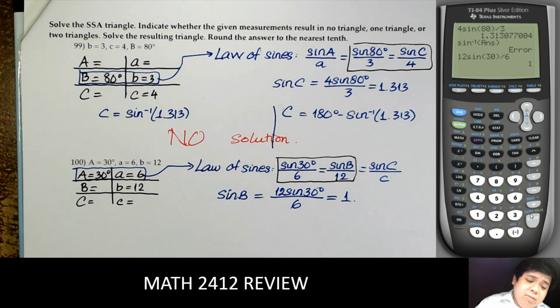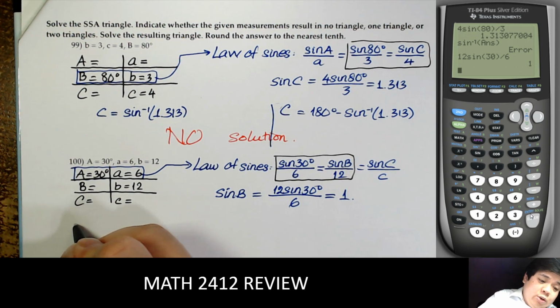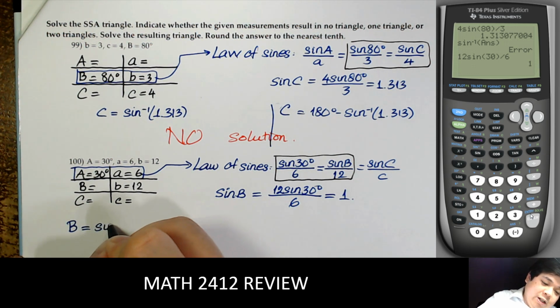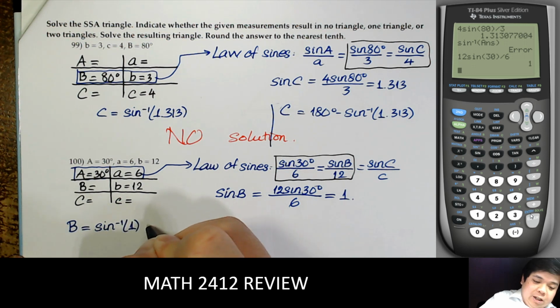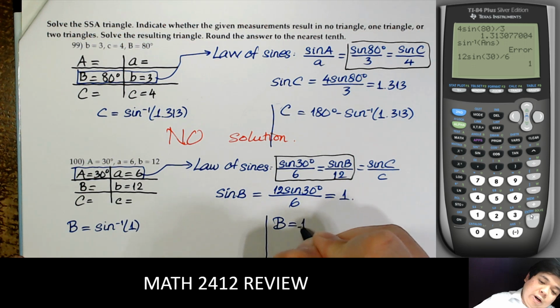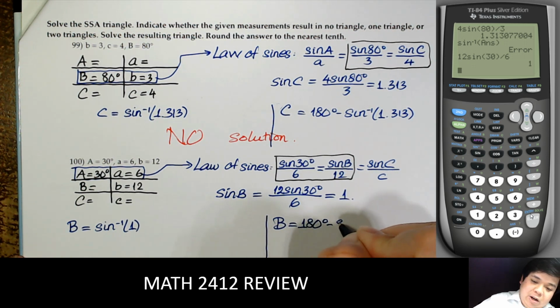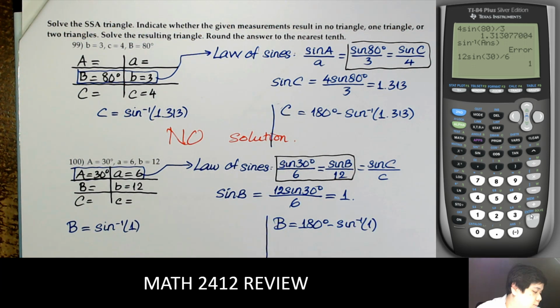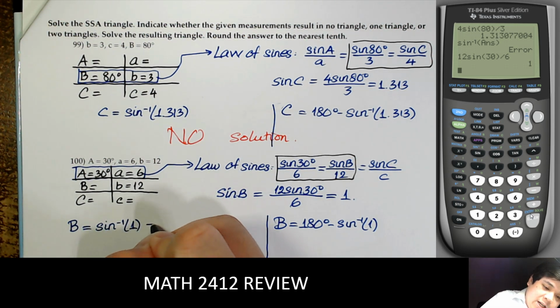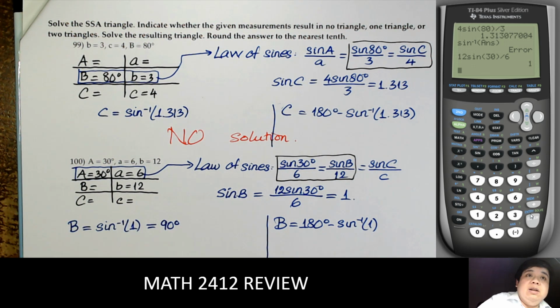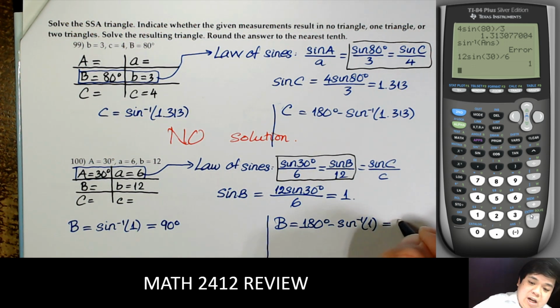It's 1. And then we should have two answers. One is B equal to sine inverse of 1, or the supplement to that, 180 minus sine inverse of 1. Sine inverse of 1 is equal to 90 degrees. And 180 minus that is 90 degrees.